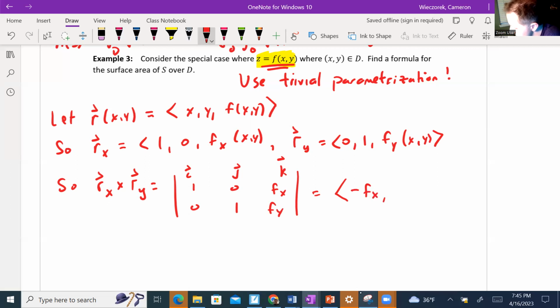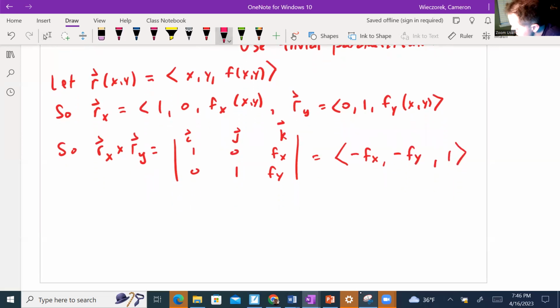Cross off first row, second column, take the negative, f_y minus 0, but change the sign, so negative f_y. And then cross off first row, third column, 1 times 1 minus 0 times 0 would be 1. Okay. So it looks like this is our normal. So our normal vector takes the form negative f sub x, negative f sub y, 1.